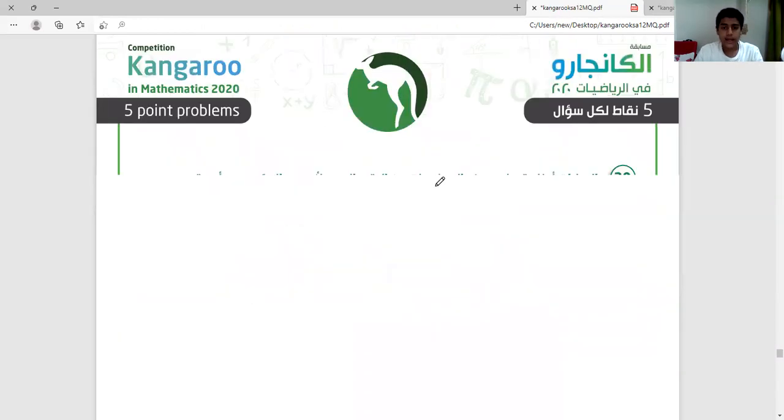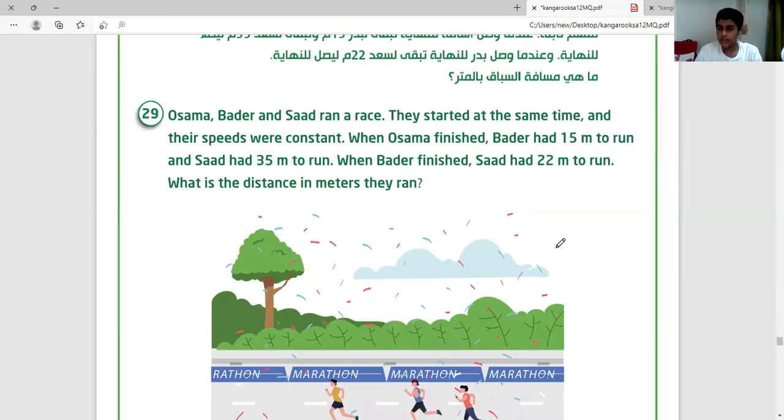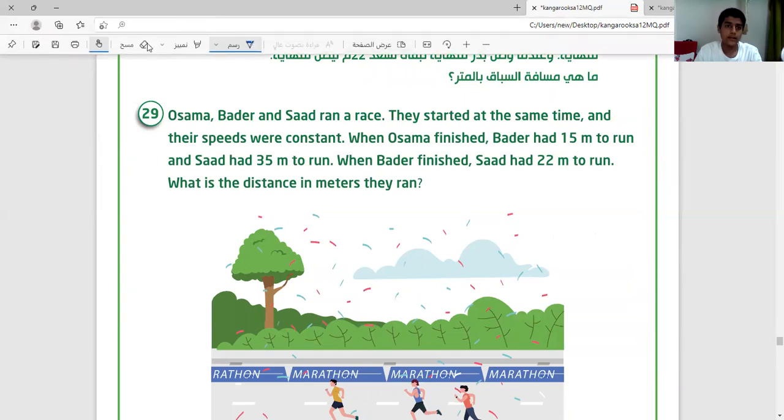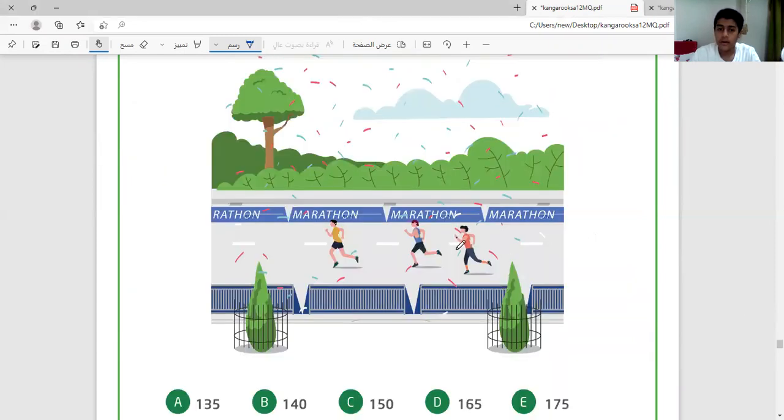So to help us again, let's try to draw it. Just give me a second. So here we'll have, this is the race, okay? Here is the race. I'll try to draw it here.